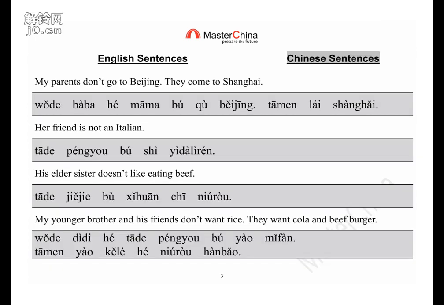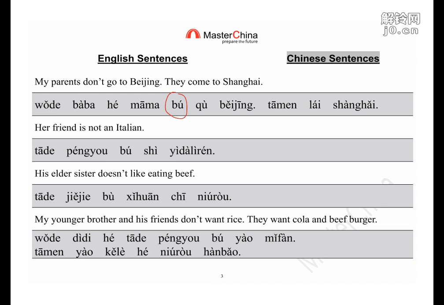Now it's time to check your Chinese translation. Let's do one by one. First one. 我的爸爸和妈妈不去北京，他们来上海。Okay, I think some people are very careful. They notice that here we say 不, not 不, right?